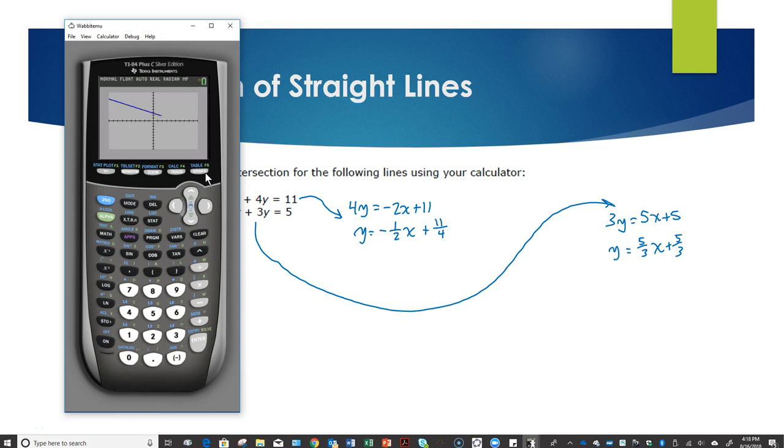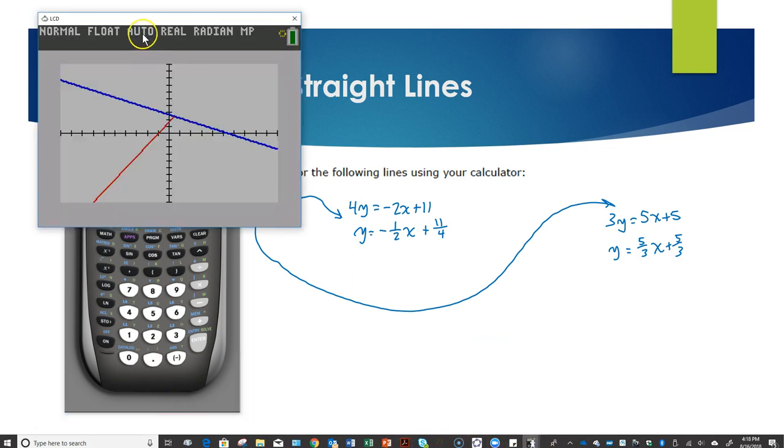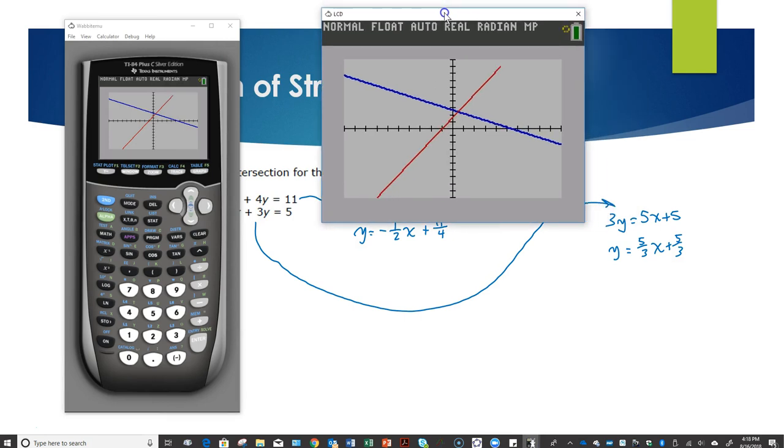So there's my first line. There's my second line. And I'll show it here too. And I can see where they cross each other. It looks like they're crossing each other at a point that's not quite at 1 and not quite up as high as 3. So you're going to maybe get some nasty decimals.